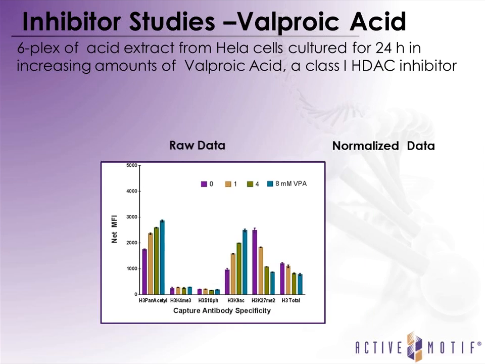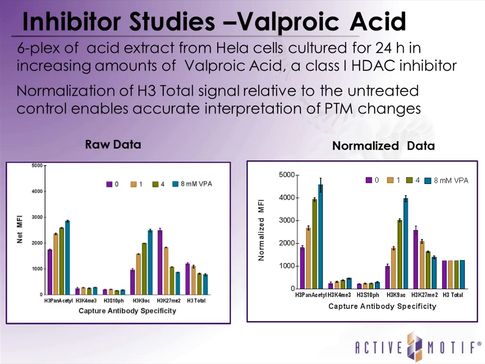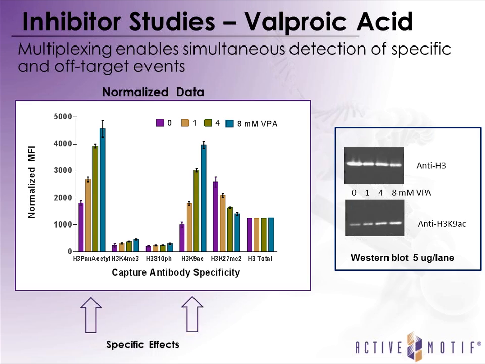Following normalization of the data to account for the total histone H3 differences, the changes in the histone modification levels become more striking. Specifically, we see the expected effects of increases in acetylation at both the pan-acetyl and lysine 9 sites.